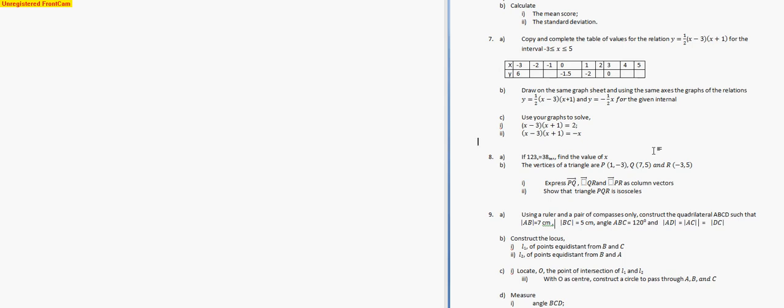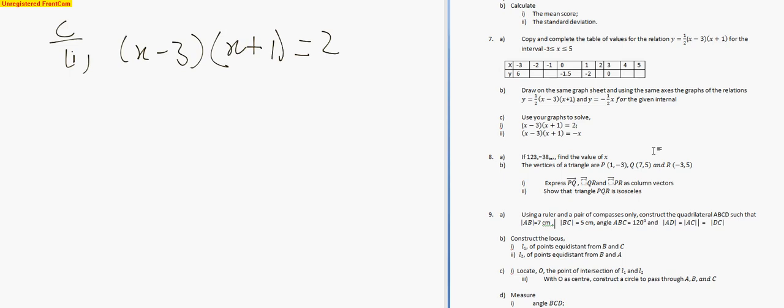So, for instance, let's do C I. They want you to do x minus 3 x plus 1 is equal to 2. You know your equation, the y that you have drawn actually has a half to it.